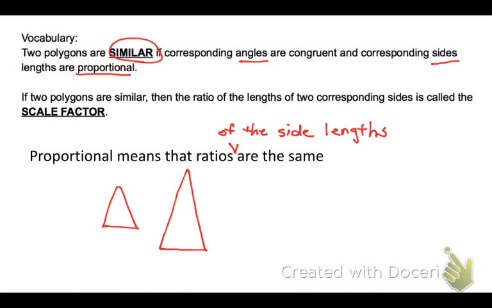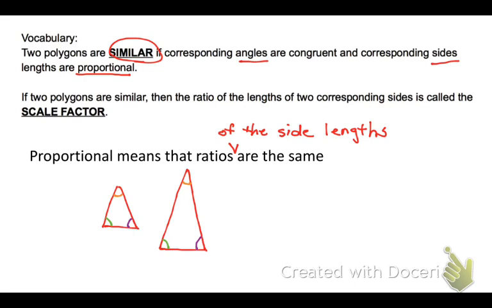They can be similar if this angle is congruent to this angle, this angle is congruent to this angle, and this angle is congruent to this angle. Know that these are both oriented the same way. Their longest way is vertically oriented, and so you can easily identify the corresponding angles.